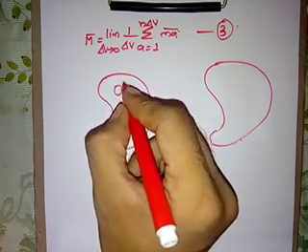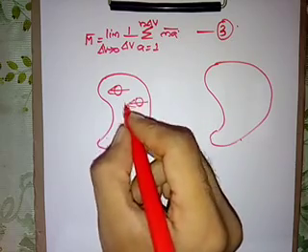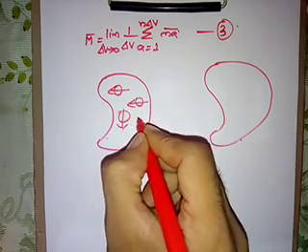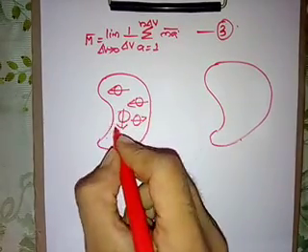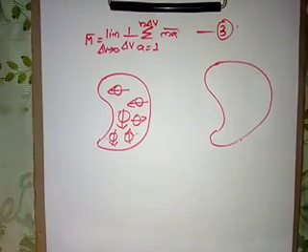The magnetic dipoles are arranged in a random fashion. As they are arranged randomly, they cancel out each other, and the net magnetic dipole moment will be 0.